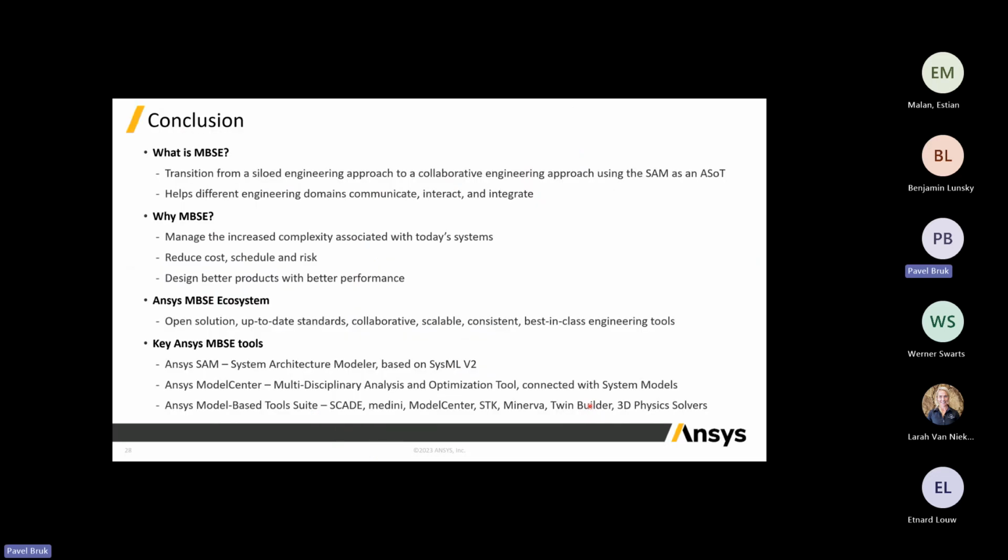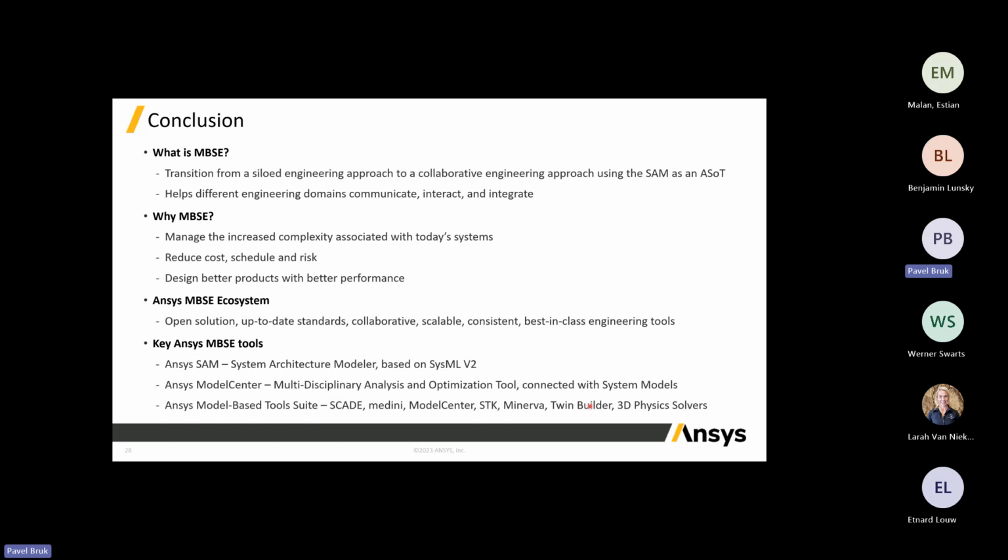So to conclude what we've discussed today, we discussed what is MBSE, and we came to the point that this is a transition from siloed engineering approach to a collaborative engineering approach using system architecture model as an authoritative source of truth. It helps different engineering domains to communicate, interact, and integrate together.